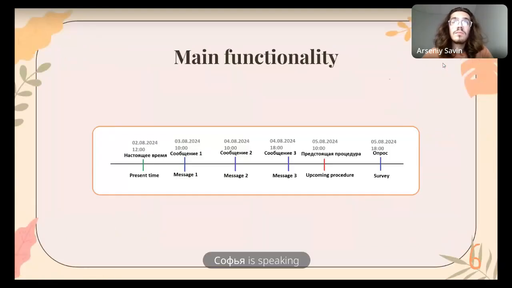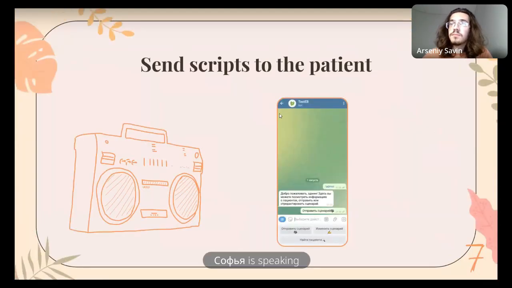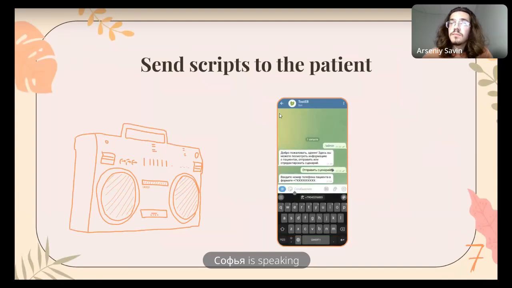The main purpose of the bot is to send messages about the procedure, give recommendations, and send surveys after the procedure. We use Redis for this. Redis requires messages when a patient arrives at a certain stage. We call these messages scripts. Scripts are sent at a specific time. We implemented all functions with scripts from the admin.